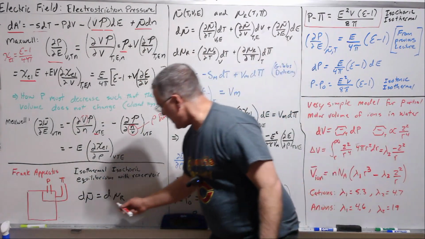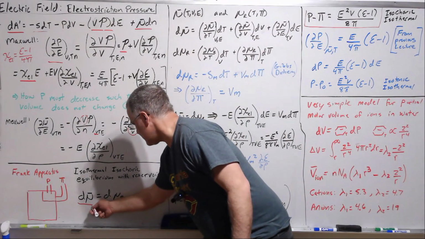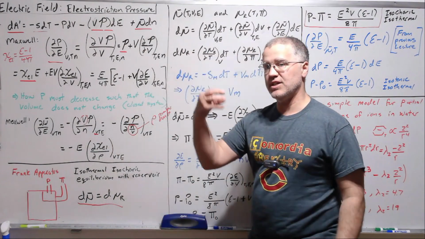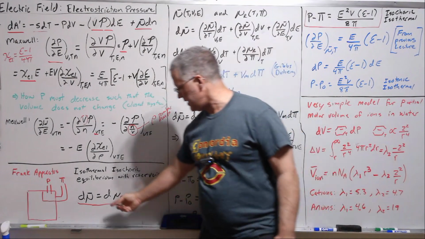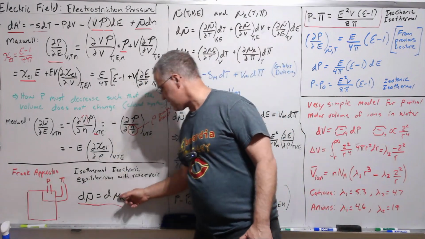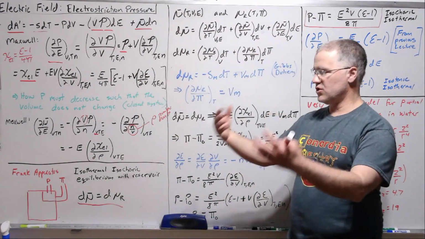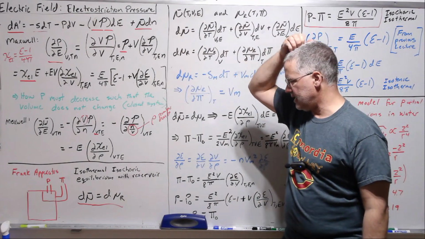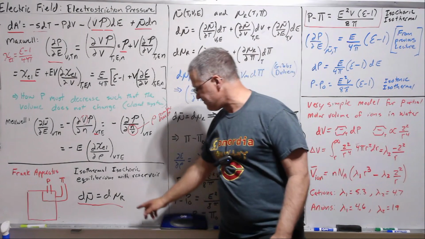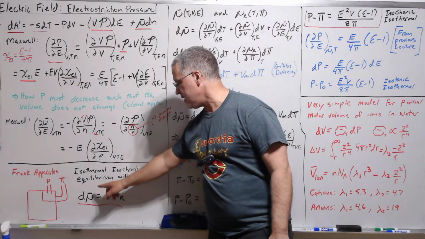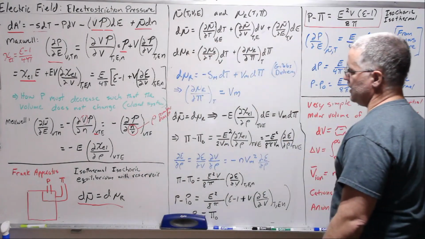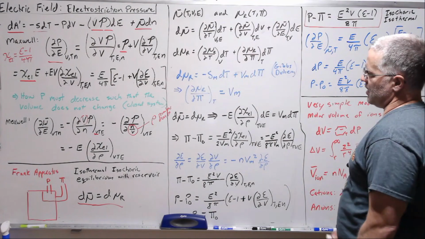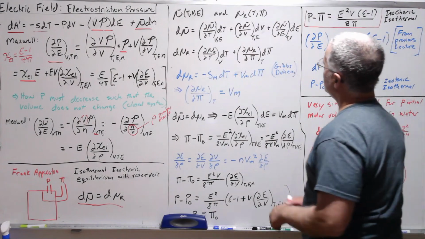The condition for that equilibrium is that the full chemical potential with the field effect term in it for the inside bit has to be equal to the chemical potential of the reservoir bit. So d mu and d mu r are equal.